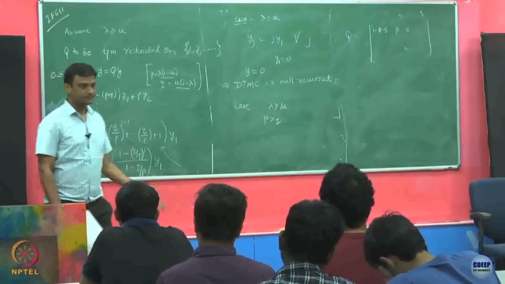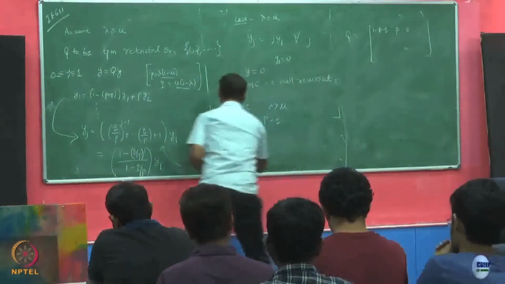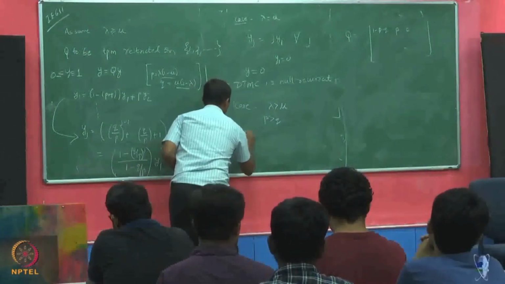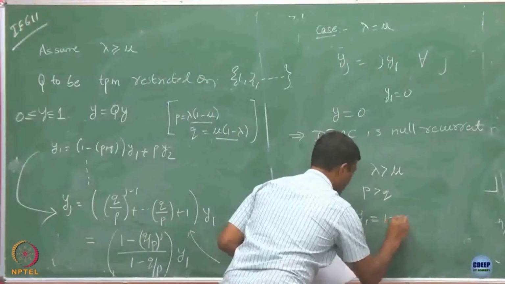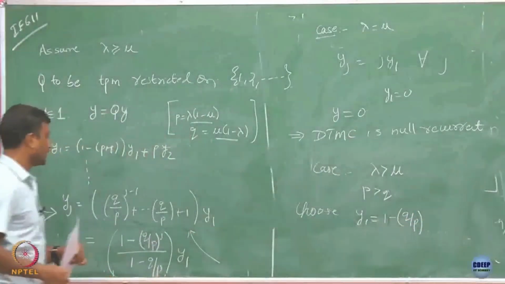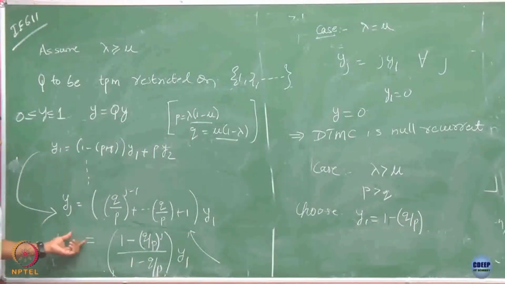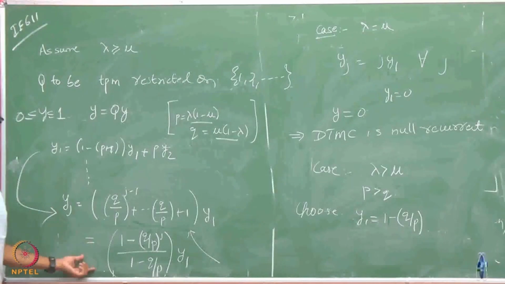less than 1, and you will see that if you choose your y1 to be simply 1 minus Q by P, all these guys are going to be less than 1, the solution of this.